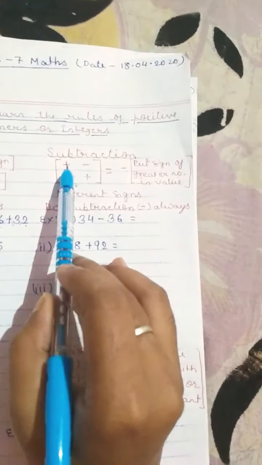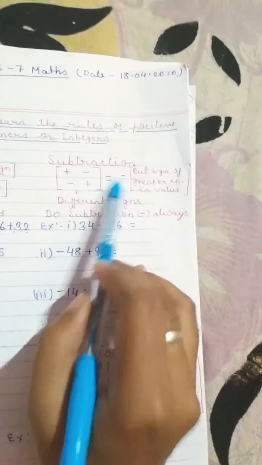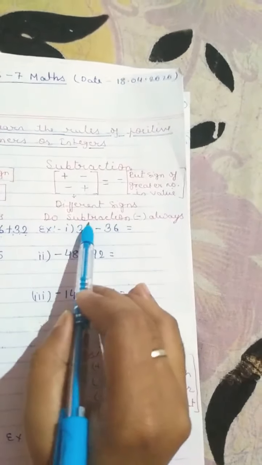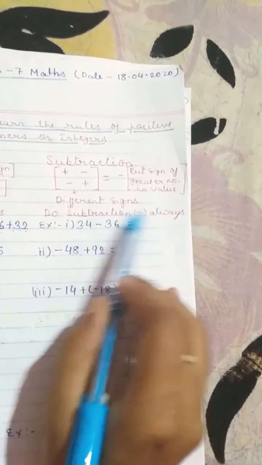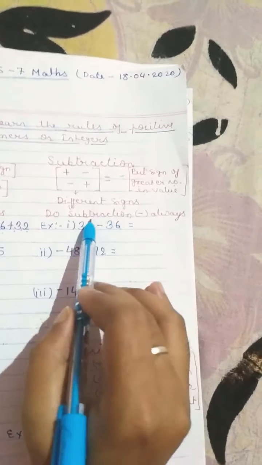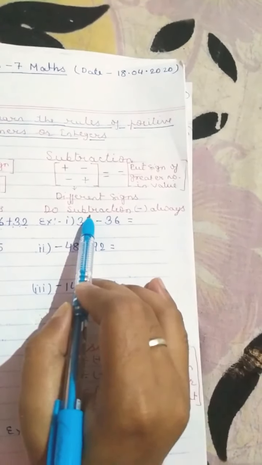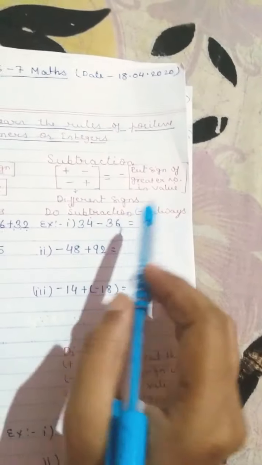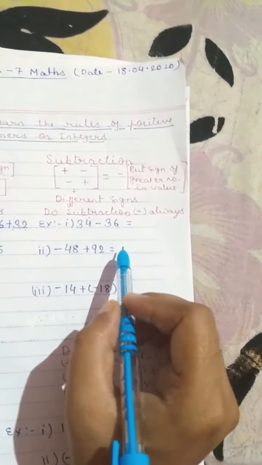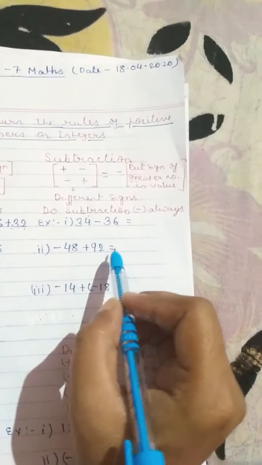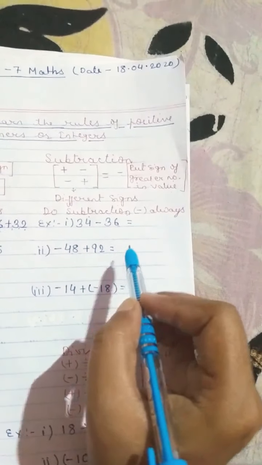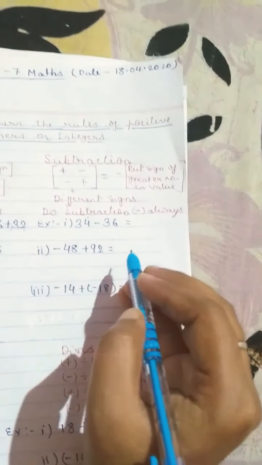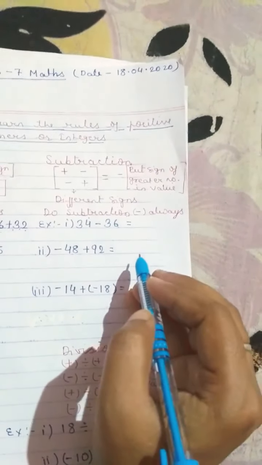So different signs are plus minus, minus plus. So you have to find out the difference between the numbers. Understood? And when you put the sign, always check which number is greater. Because simply, yes, you have to find the difference, but put the sign of the greater value.